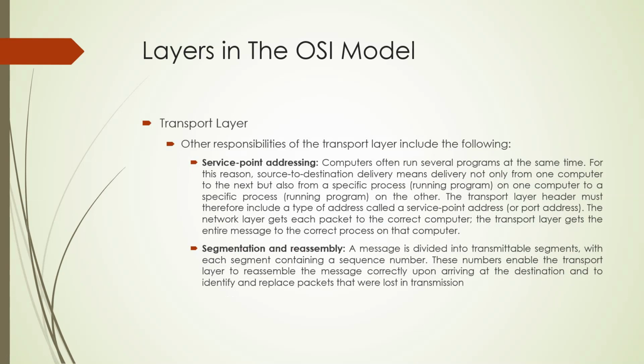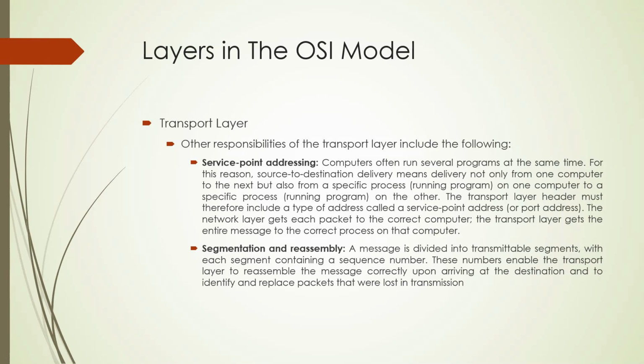Let us understand first. There is another kind of addressing scheme known as the port address. Whenever we have a computer, various processes are running at the same time, and similarly at the receiver end various processes are running.